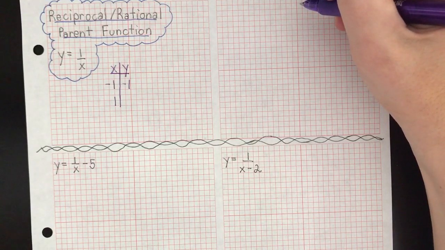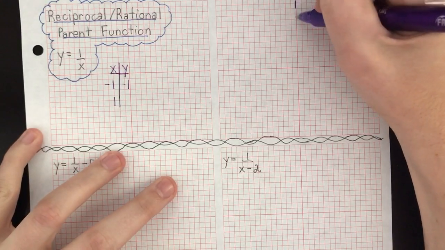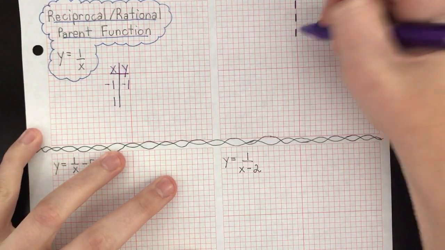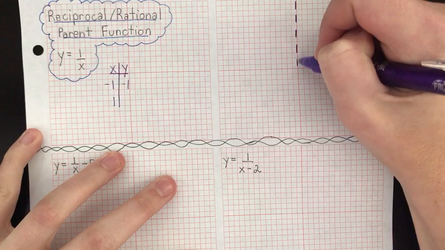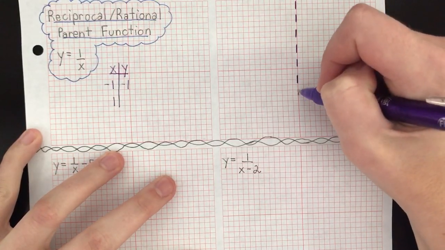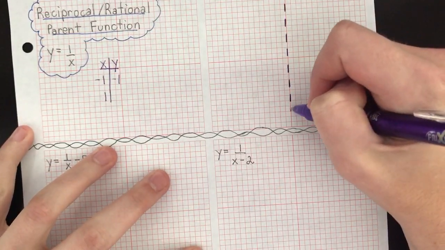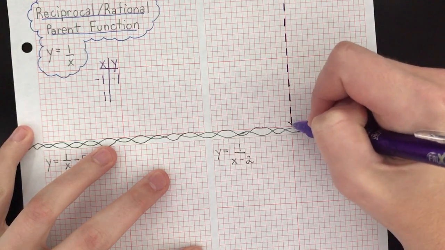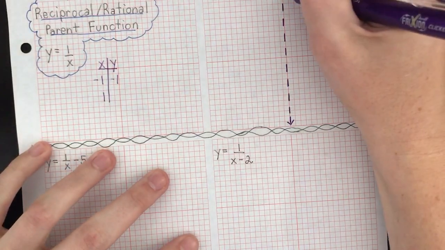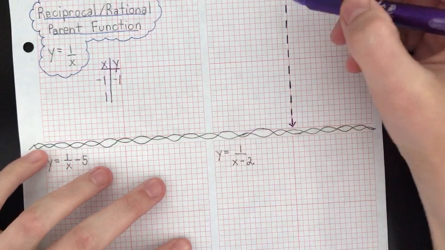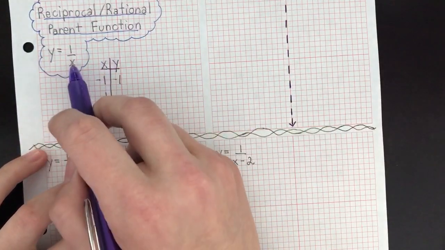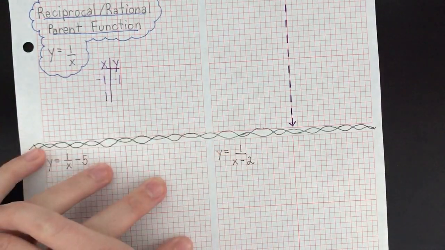So actually that brings us to something very special about the rational or reciprocal parent function. Since you cannot have an x value of 0, that produces an asymptote on the y-axis. Why does that produce an asymptote on the y-axis? Because every single point on the y-axis has an x value of 0. Okay, and we cannot have an x value of 0 because 0 would make this fraction undefined.